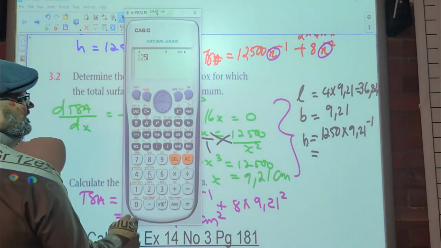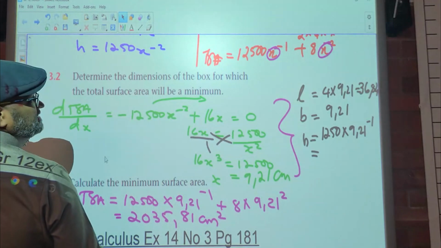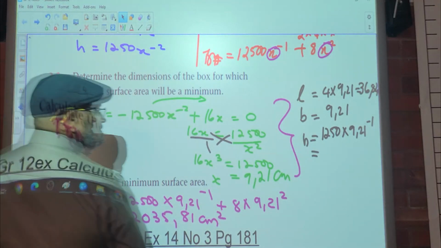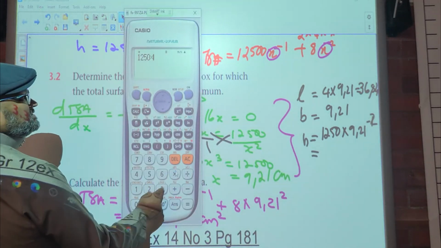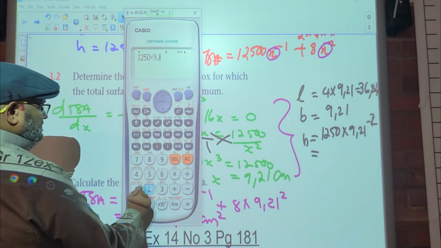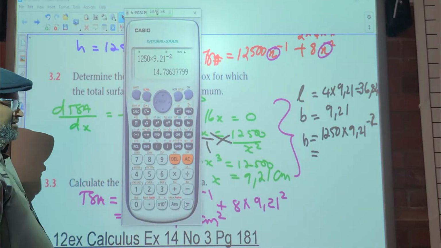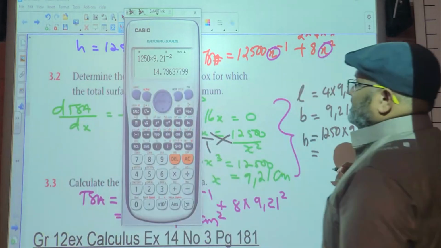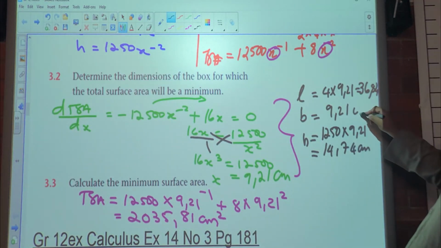So it's 1250 times 9.21 to the exponent negative 2. Is that correct? 14,74 centimeters.